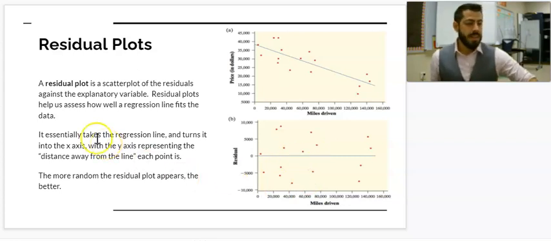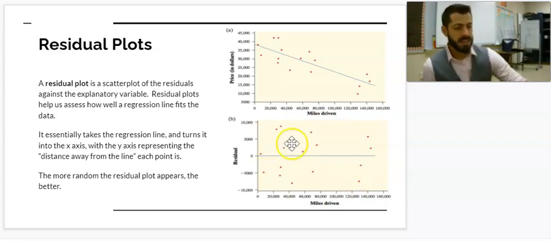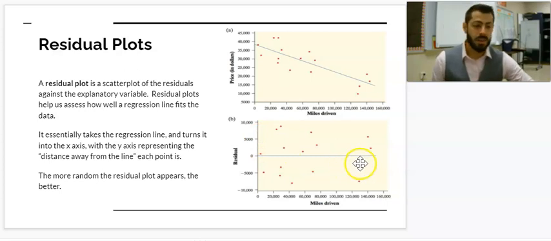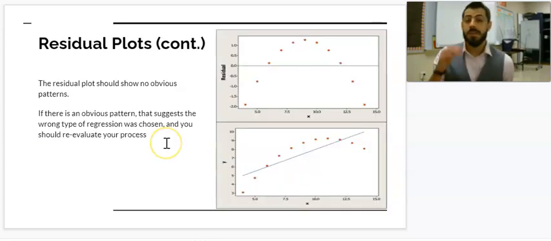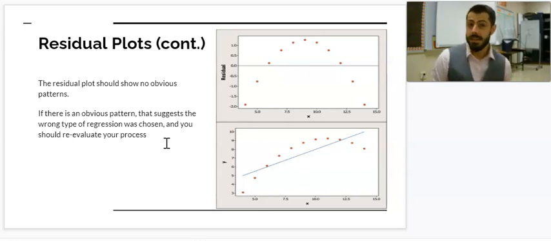Now, in residual plots, randomness is good. We want it to appear as if these are randomly scattered about the plot. The reason for that is because if it wasn't random, then that would suggest that there is a pattern that we missed, right?